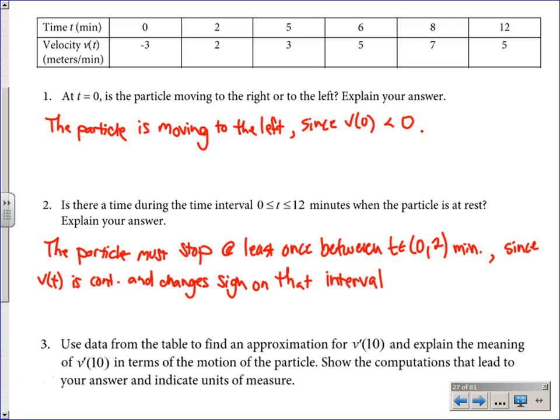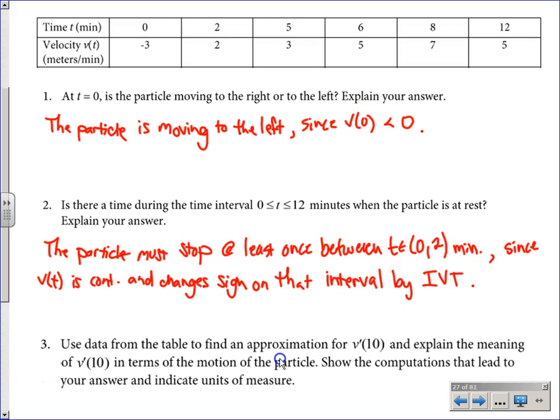My grammarian self is not liking this. I'm about to say which, but that'd be a secondary comma. We'll just say by. There you go. We can say by IVT.